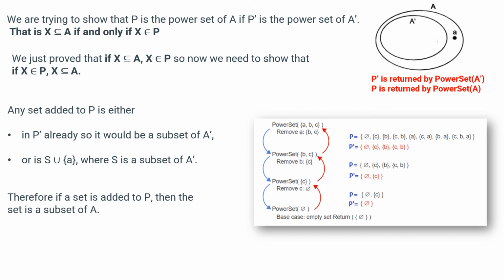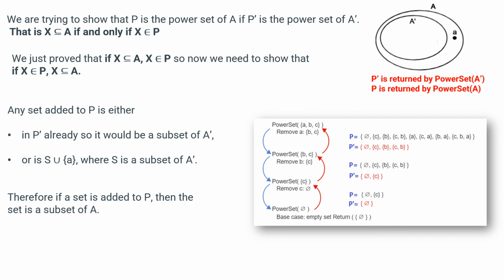Remember, overall, what did we show? We showed that what gets returned by the algorithm is true for that base case, that very small case of when A is the empty set. Then we said, let's assume what's returned by the algorithm is truly the power set for any set that's of size k. And then we said, now let's look at this set of size k plus 1.